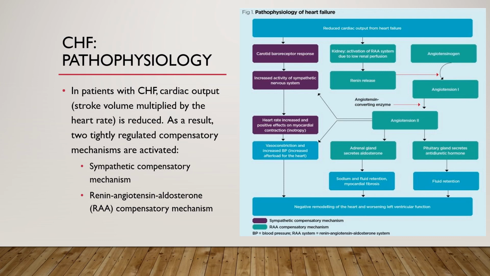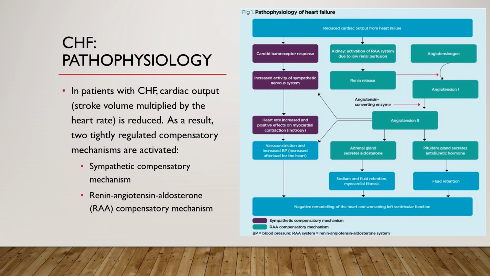So obviously in patients with CHF, your cardiac output's going to be reduced. Not always significantly, but it's just going to be reduced. And as a result, you're going to have those two tightly regulated compensatory mechanisms activated, the sympathetic compensatory mechanism and the RAA compensatory mechanism. Just pause it for a second and look at it.